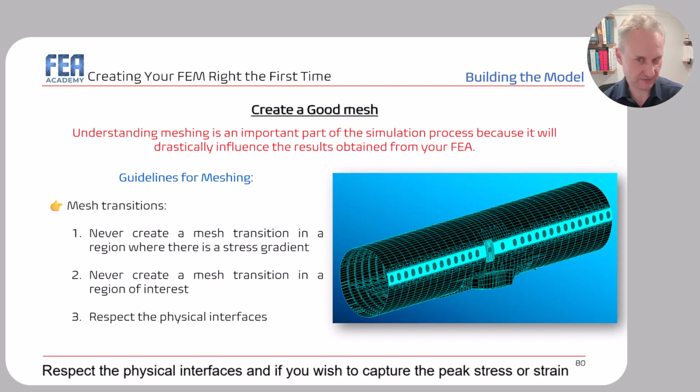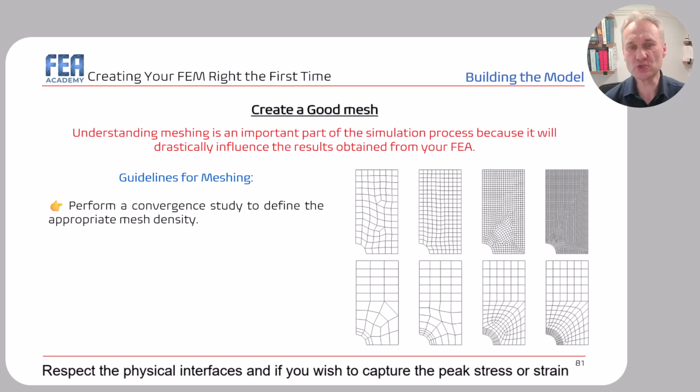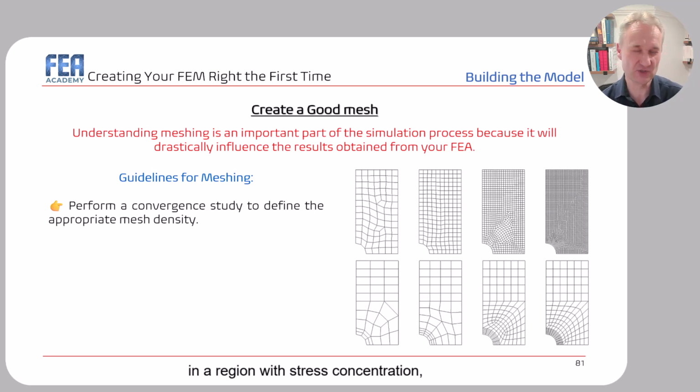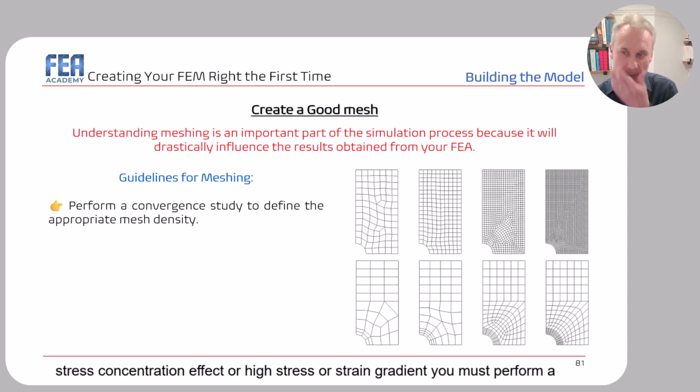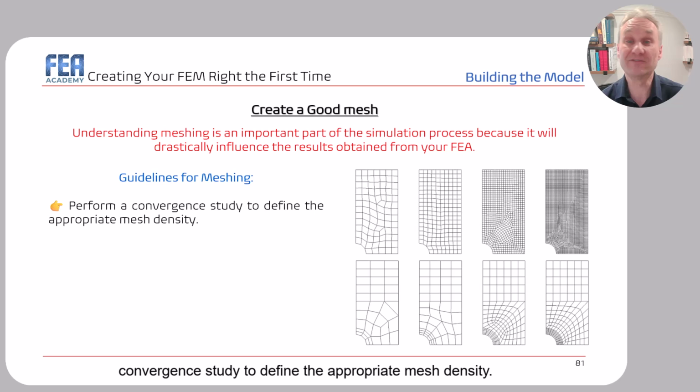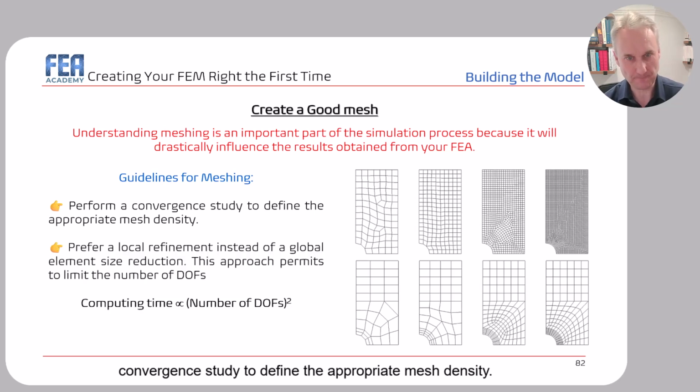Respect the physical interfaces. If you wish to capture the peak stress or strain in a region with a stress concentration effect, or high stress or strain gradient, you must perform a convergence study to define the appropriate mesh density.